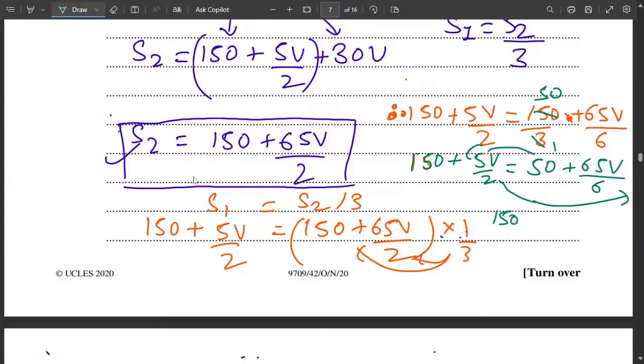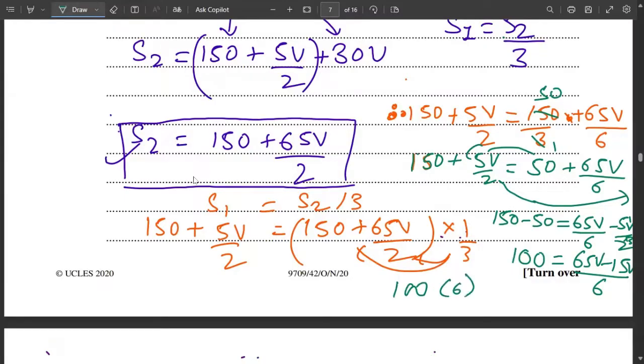So 150 minus 50 is equal to 65V upon 6 minus 5V upon 2. And 100 will be equal to 65V minus 15V upon 6. Therefore 100 into 6 is equal to 65 minus 15 is 50V. Therefore 100 into 6 upon 50 is equal to V.